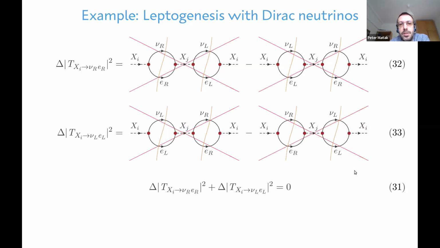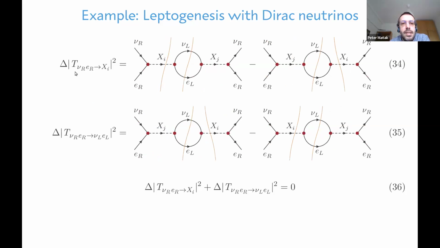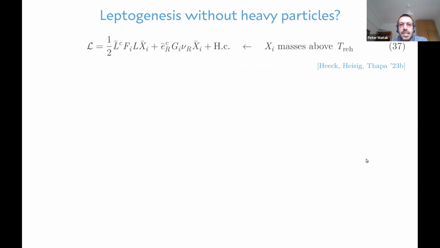Now, an interesting question. Okay, then there are inverse decay and scattering contributions, where the cancellations can be represented in the very same way. The interesting question is whether we can go without the heavy X particles in this case. We should be able, in principle, because we have right-handed neutrinos which are out of equilibrium.